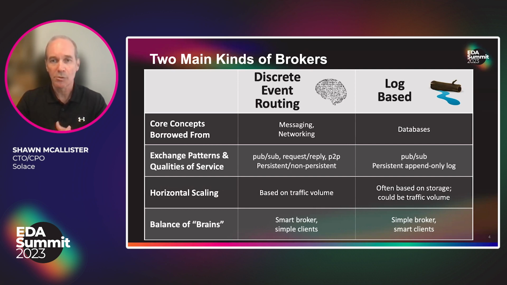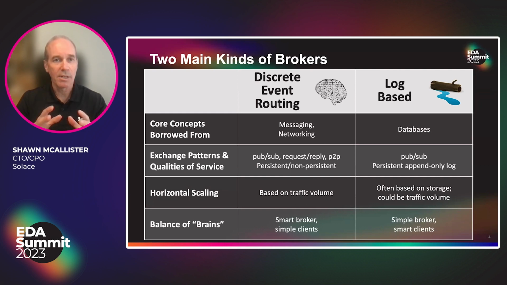David Mutter, an analyst from Forrester, is also hosting an EDA Summit presentation, and he talks about these two types of brokers. He calls one the smart broker, hence the brain, and the other one the log stream brokers. So, check out his presentation if you want more information on this.